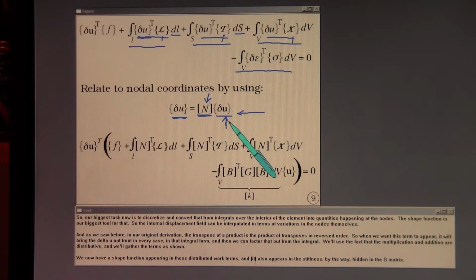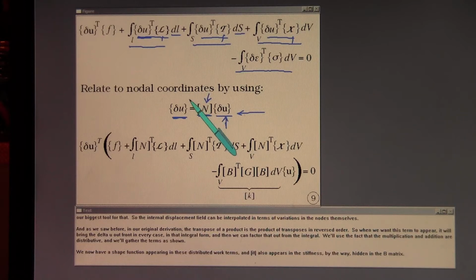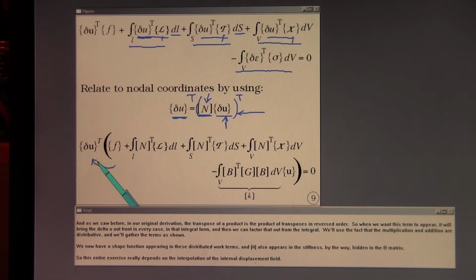And as we saw before in our original derivation, the transpose of a product is the product of transposes in reversed order. So when we want this term to appear, it will bring the delta U out front in every case in that integral form, and then we can factor that out from the integral.